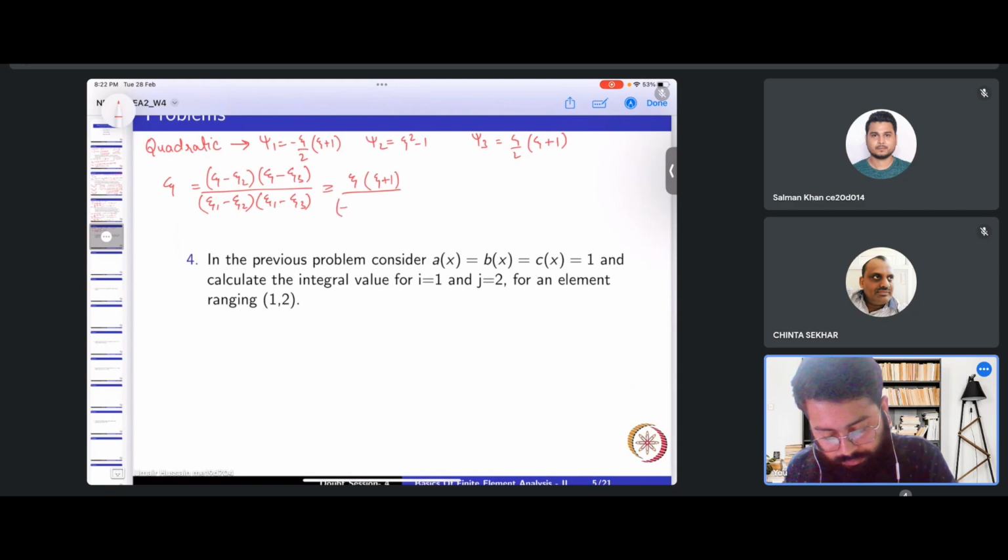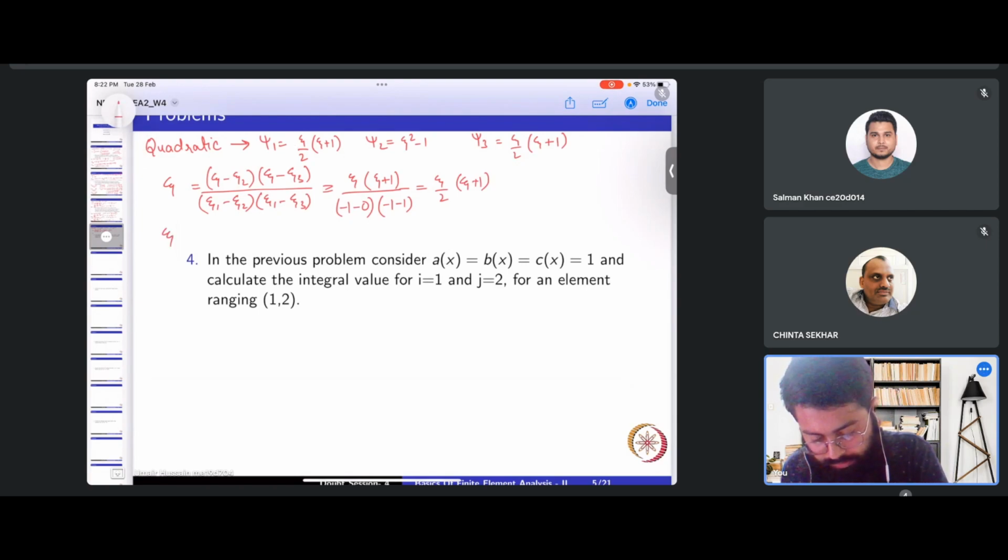So we get minus 2 times minus 1, so zeta by 2 times (zeta minus 1). So we won't want our minus sign.